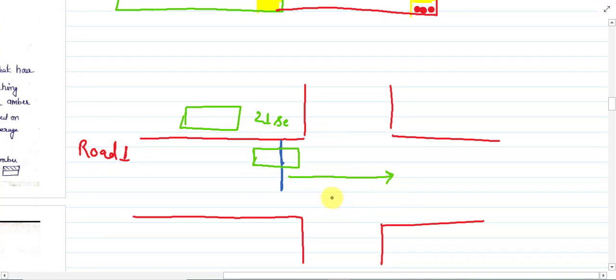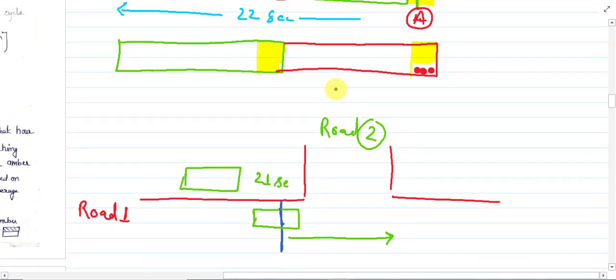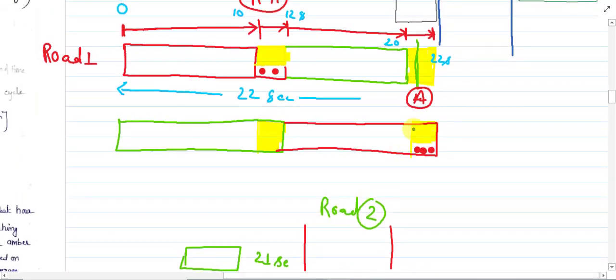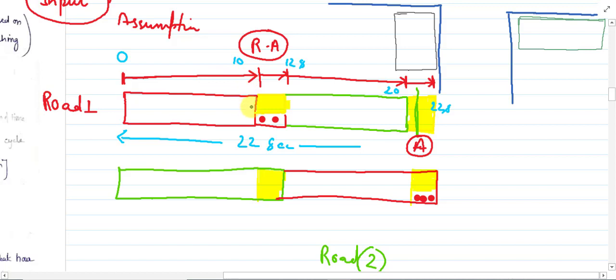That's why we call this amber time the clearance time, because it allows those vehicles which just crossed the stop line and entered the intersection to clear the way for the cross traffic. This is the concept of this amber, and the red amber is the indication that green time must appear.